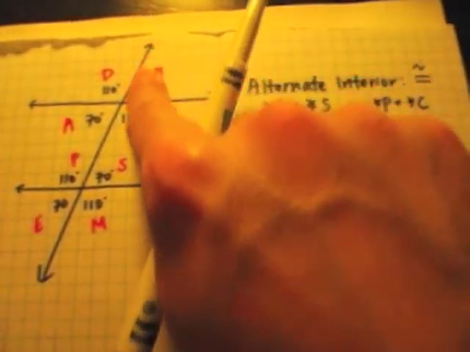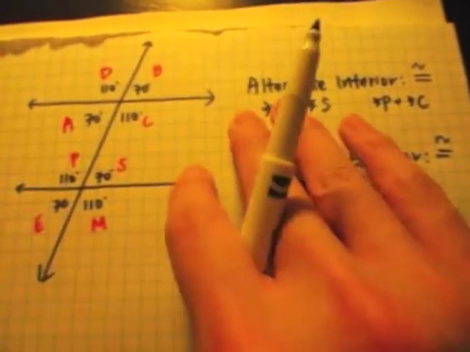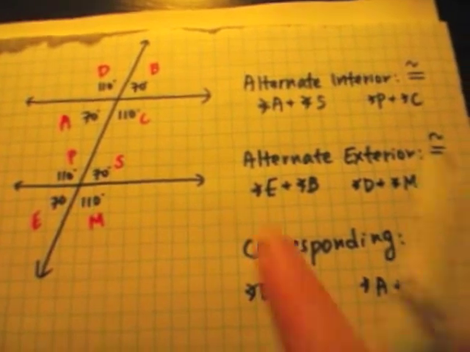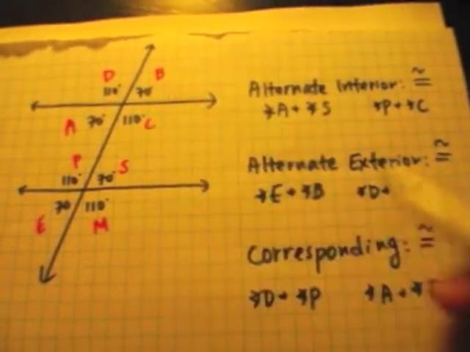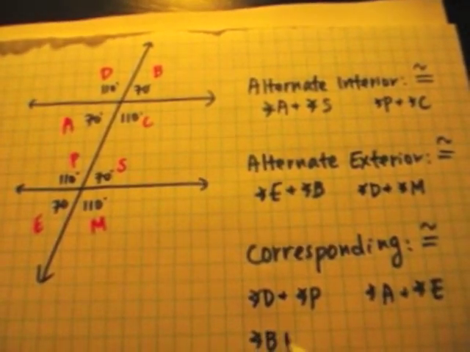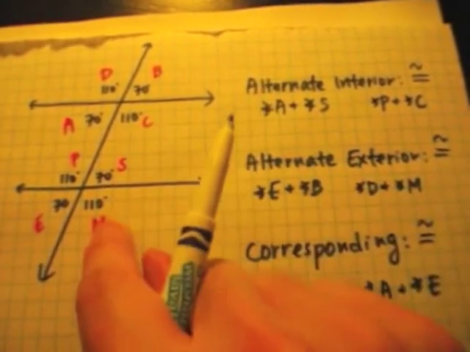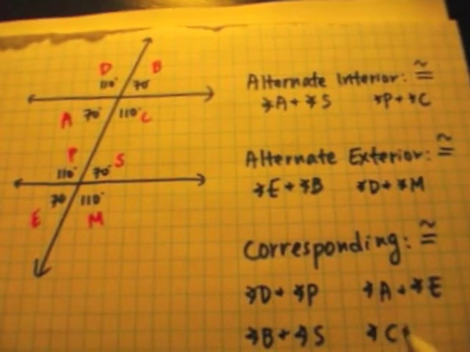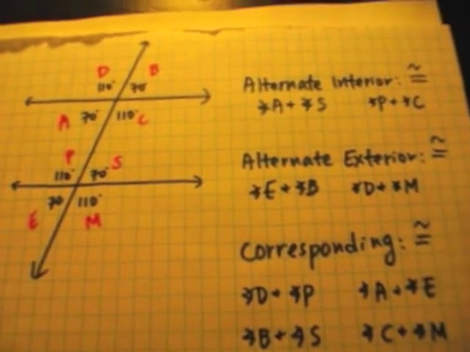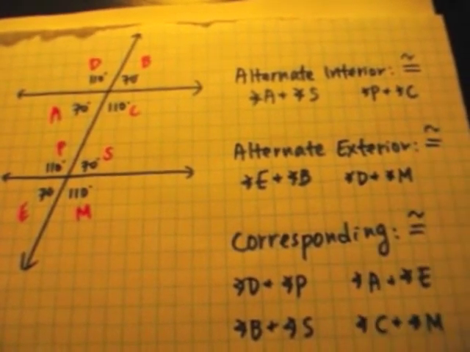Looking at all the angles on the right side of the transversal, which angles are congruent? Well, I have angle B and angle S. And I have angle C and angle M. So these are what we call our corresponding angles.